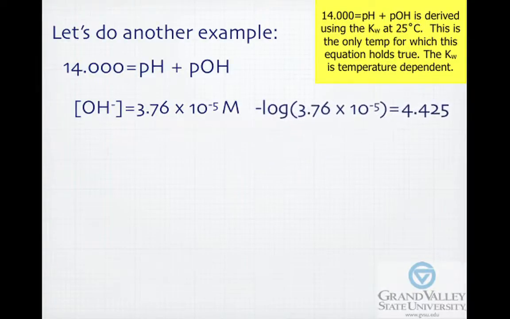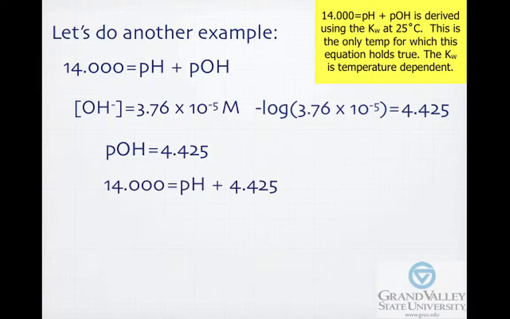So our pOH is equal to 4.425. So let's set up our equation like above. We have 14 equal to pH plus 4.425. Now all we have to do is subtract the pOH from both sides of the equation, and we'll be left with the pH. So our pH is equal to 9.575.